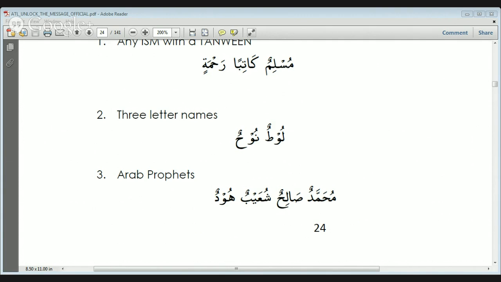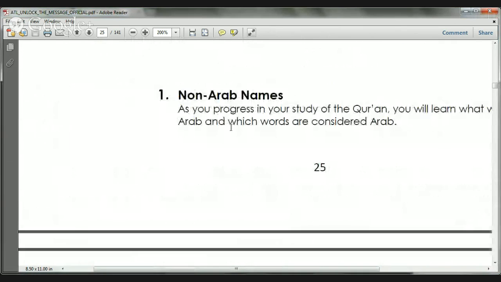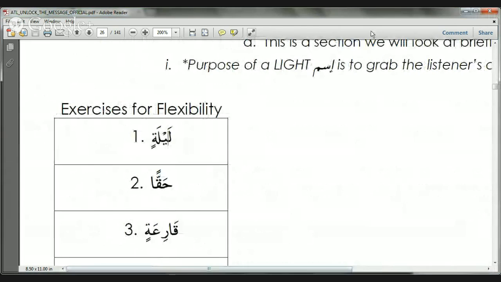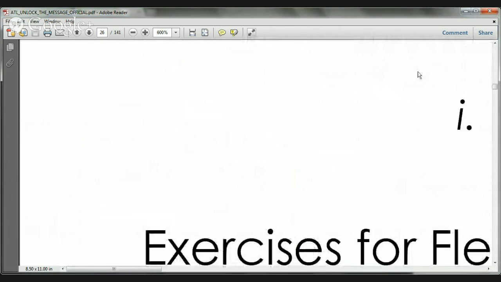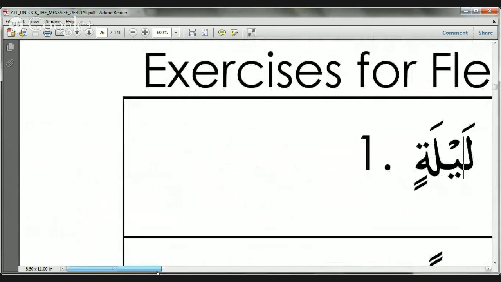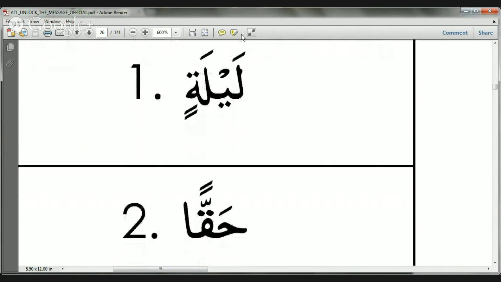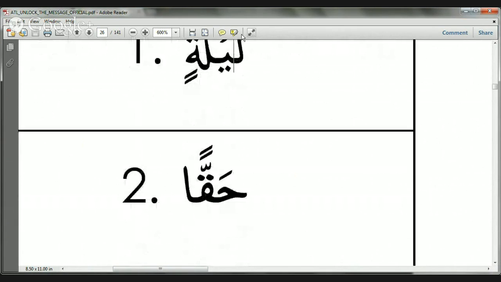Now there are a section of words on page 26. Let's take a look at them. Laylatin. Fully, partly, non. Which one? Why? Good. Haqqan. Fully.